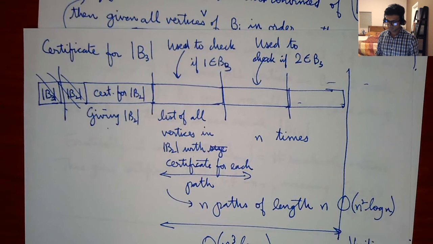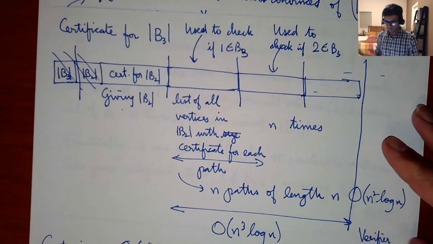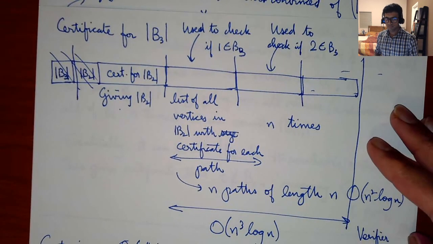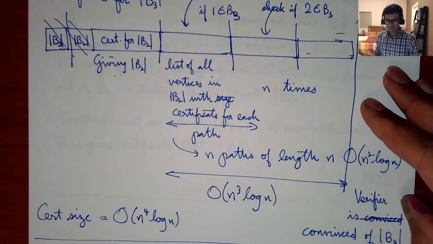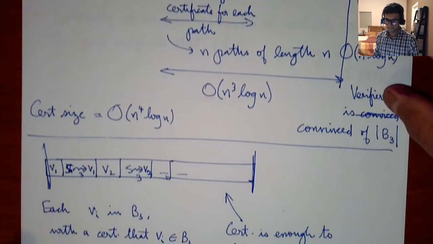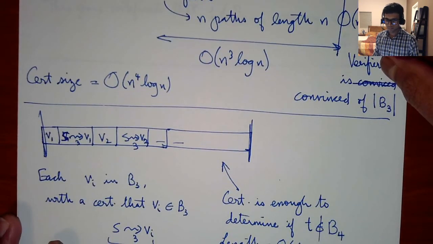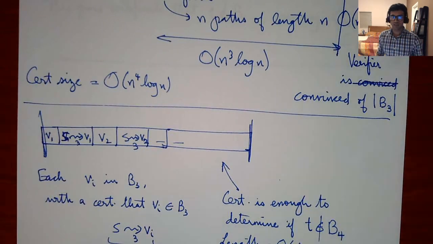So first it figures out what's in B3, and then it just stores that. Later, when it goes to B4, it doesn't have to repeat any of that. It can just say, if this is in B3, then use that. Once it knows the size of B4, all it knows is the size of B4. It doesn't remember which vertices were in B3 or B4.